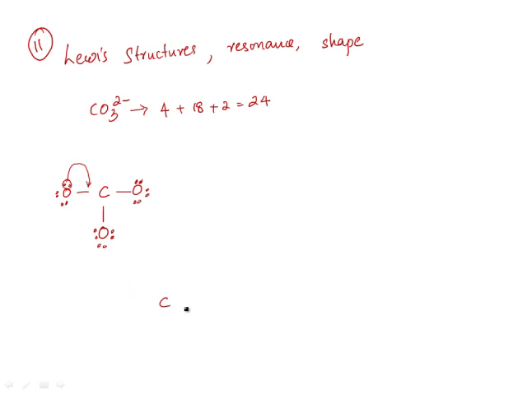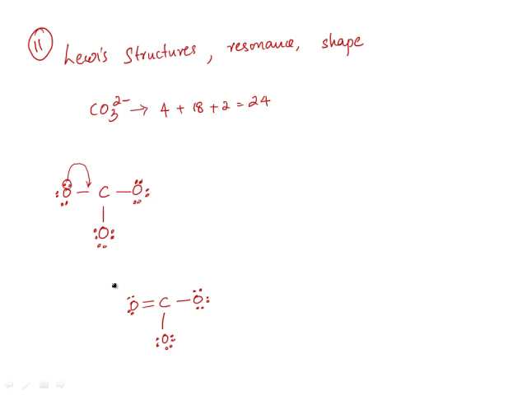So that means now you have a double bond between that oxygen and carbon. So this oxygen has only 2 pairs now. The others have 3 pairs. We have all 24 electrons and everyone has 8.